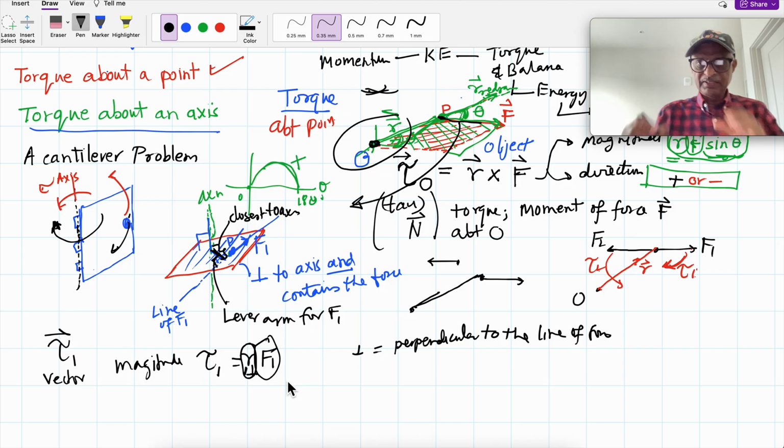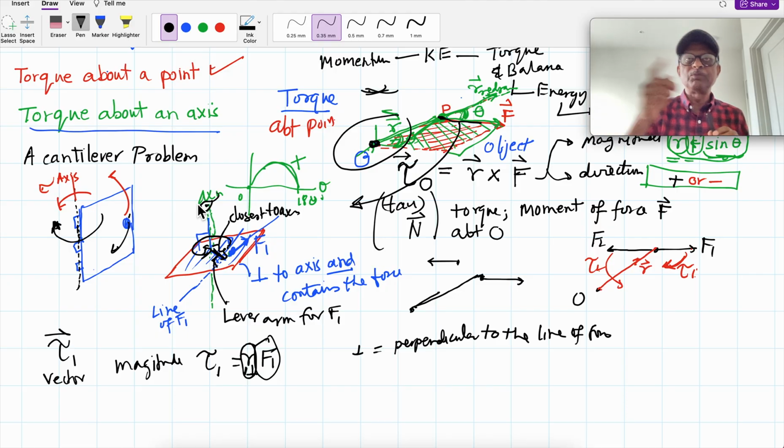The direction again, you can do the right-hand rule, or you can do some other rule maybe. But you can see that if I was looking from above, this force is trying to cause this kind of rotation. Looking from above, it's going to go like this, which is counterclockwise.